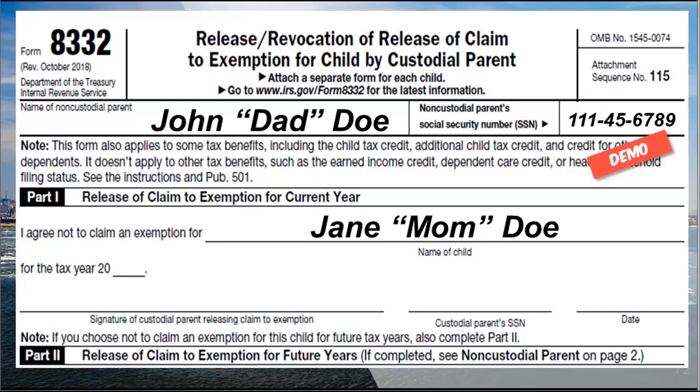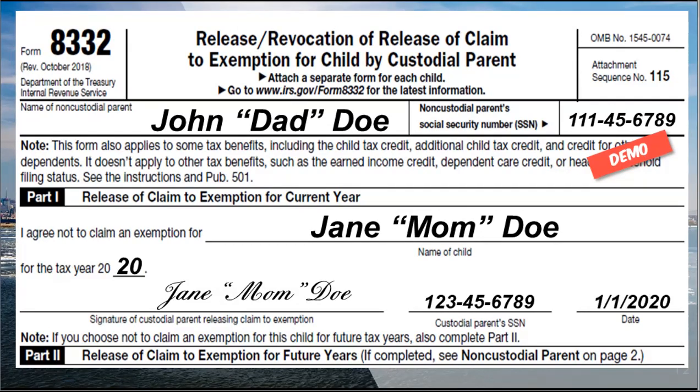Then part 2 is where the one who has custody, usually the mom, goes, and here on the screen I put Jane, mom, Doe. In this section, she agrees not to claim the exemption for the child. So I'll repeat: this is the section where she agrees not to claim the exemption for that child, and she's allowing the non-custodial parent to claim the child.